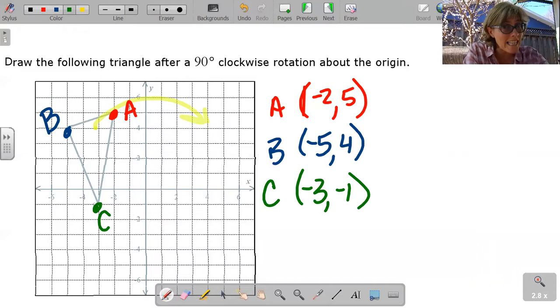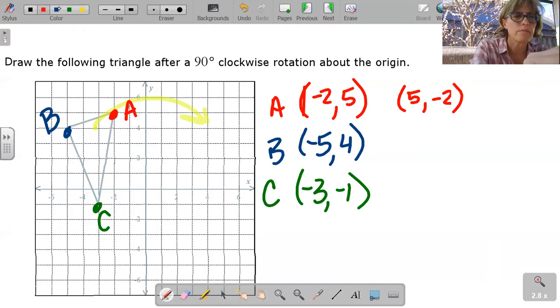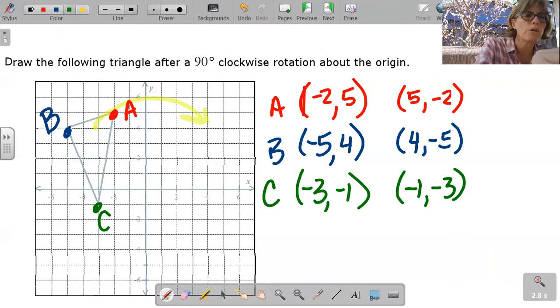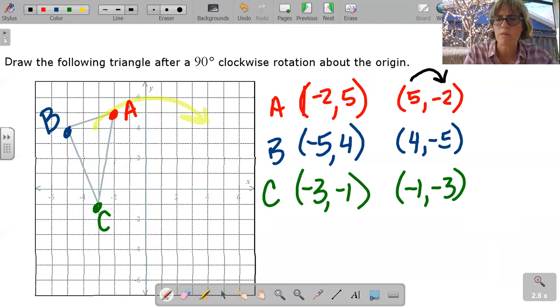To rotate 90 clockwise, you switch and flip to the right. So first we switch. Now you're going to flip the sign on the right only, because it's clockwise.